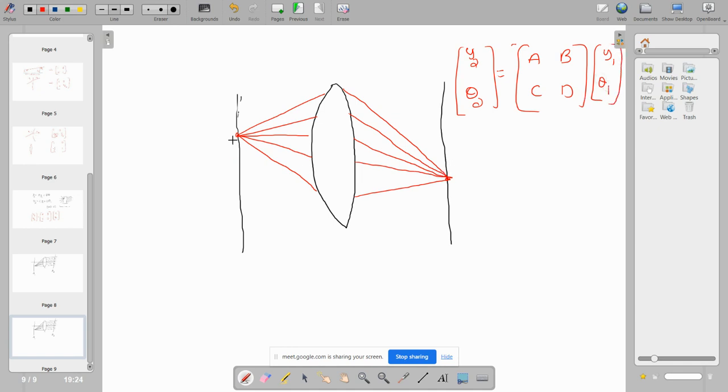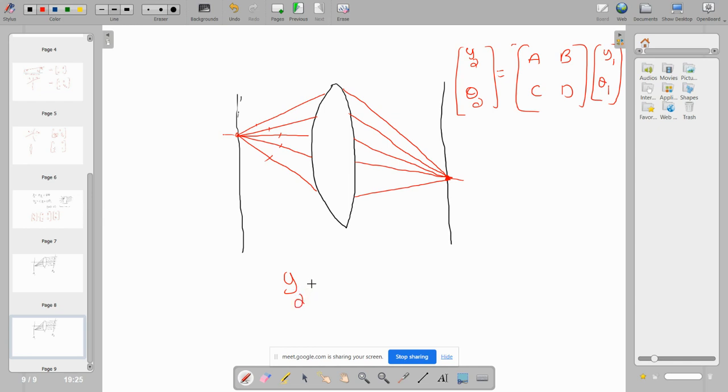Okay. Now see, all the rays coming from a particular point are reaching a particular point. These are at different angles now. This is at a particular angle, this is another angle, another angle, another angle. But irrespective of the angle, whatever rays are coming from a particular height are focusing at another particular height. So it is something which is connecting height to height.